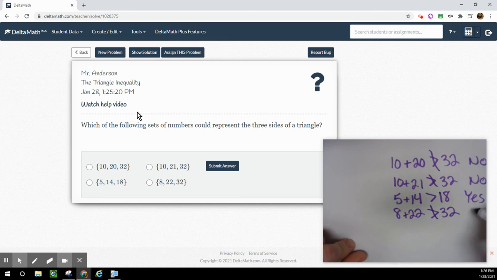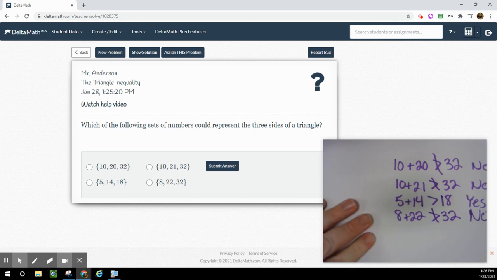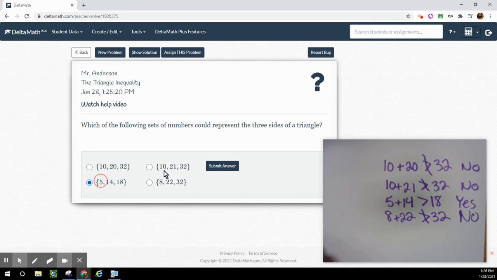So the one that works is this one. Remember that two sides have to always add up to more than the third side in a triangle. That's the triangle inequality.